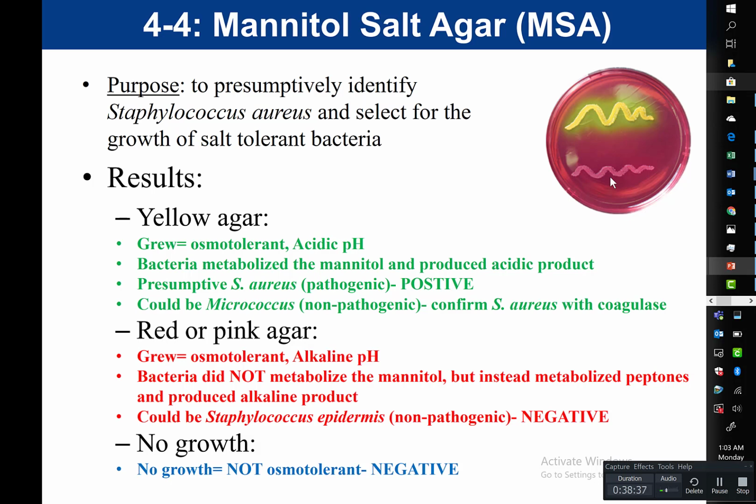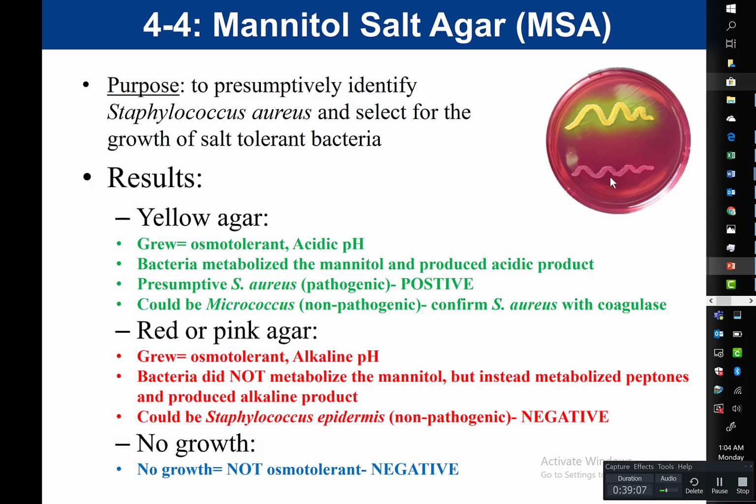So by taking a swab and also swabbing on a nutrient agar plate, it serves as a comparison to look at all bacteria growth. So if we got no growth on an MSA, the only conclusion we can make is that there's no osmotolerant bacteria. If we take our swab and we put it on nutrient agar and we get no growth, then there's no bacteria.